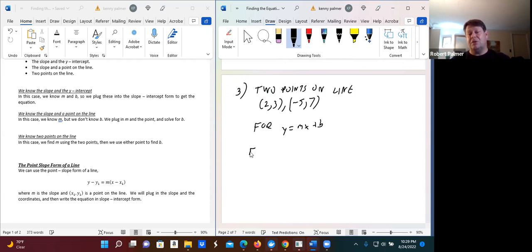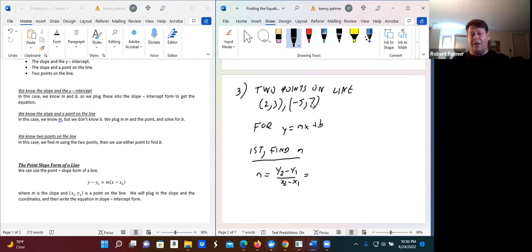So first, let's find m, the slope. Remember, the formula of the slope that we saw in a previous video is y2 minus y1 over x2 minus x1. It doesn't matter which one I call which, just be consistent.